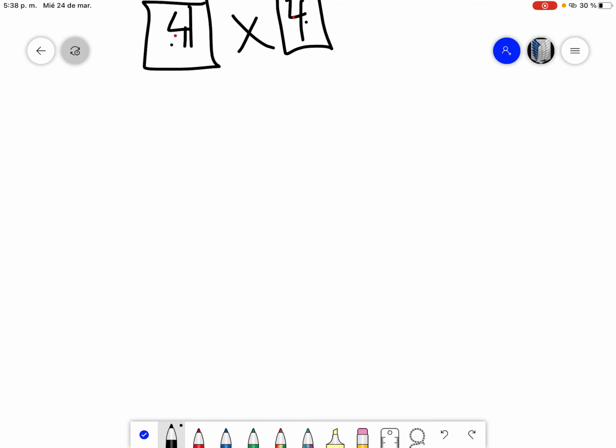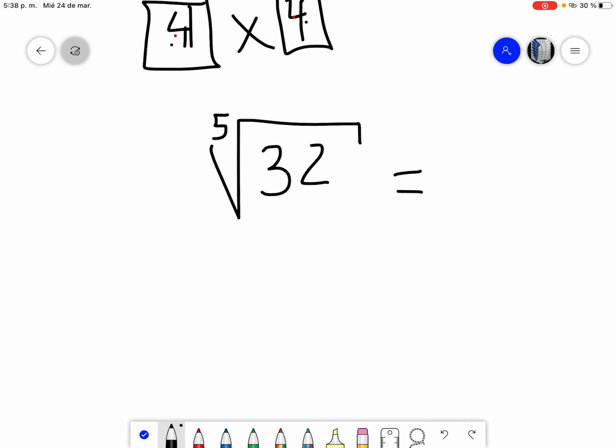Imagine in this case that you have the 5th root of 32. Okay, so remember, this is a number that if you multiply times itself 5 times, okay, you get 32.